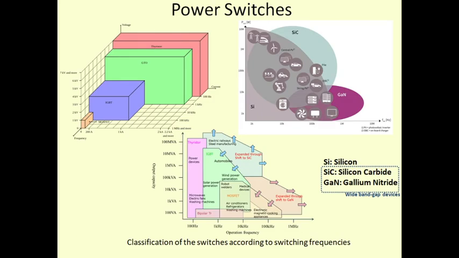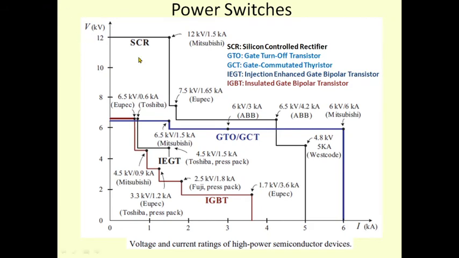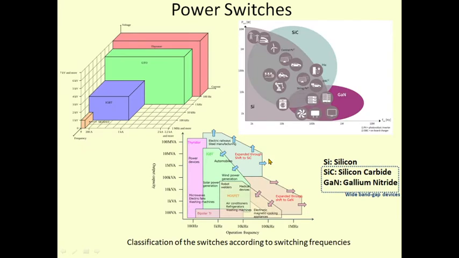Now here you will appreciate that as we increase the voltage, we were talking in terms of voltage and current capability of the device. Here I am talking about the blocking voltage and the switching frequency. What do you mean by switching frequency? How fast we can turn on and turn off the switch. Okay, and this is very crucial.